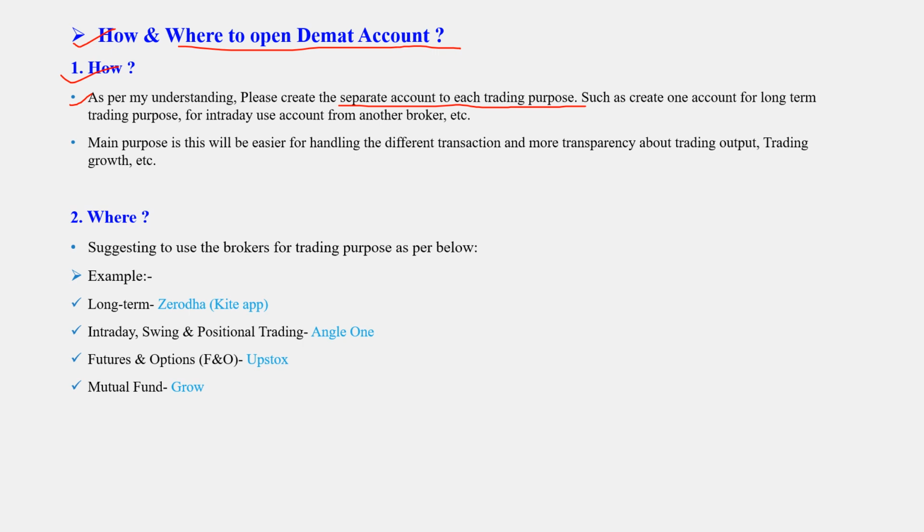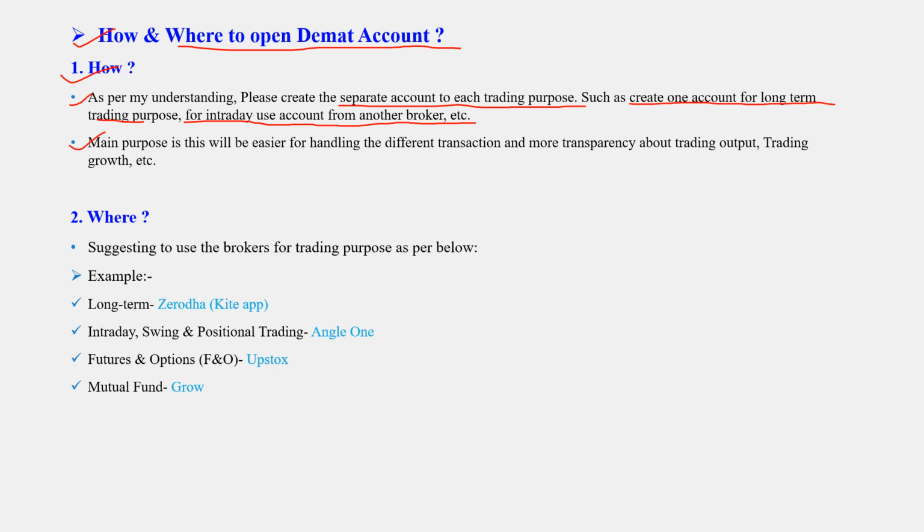There are many ways of trading, so please create a separate account for each trading purpose. For example, create one account for long-term trading, use an account with another broker for intraday, and for futures and options also create another account with another broker.